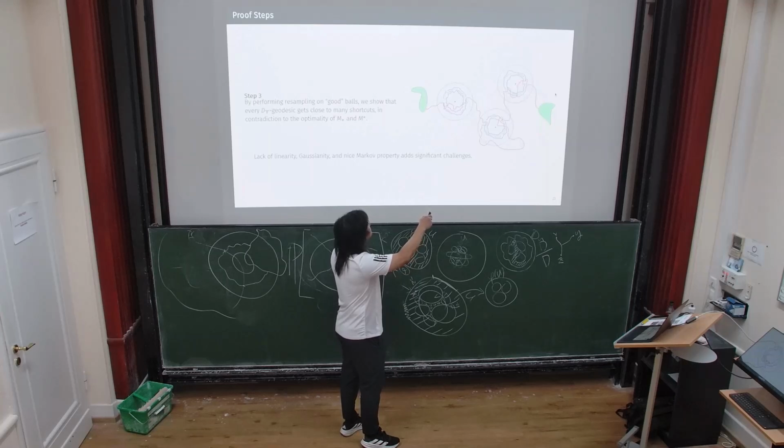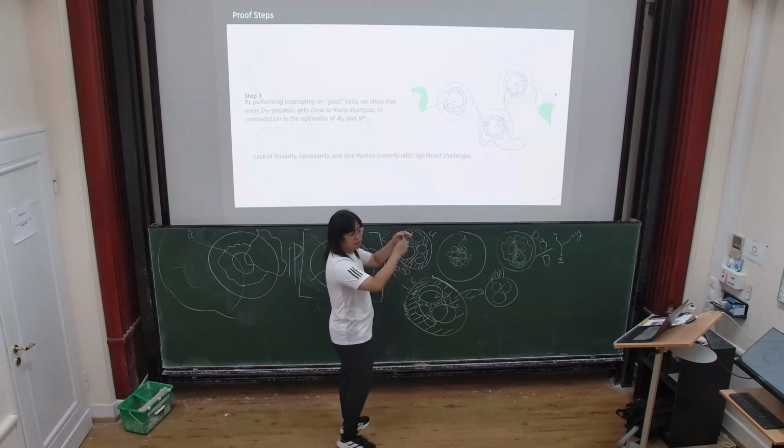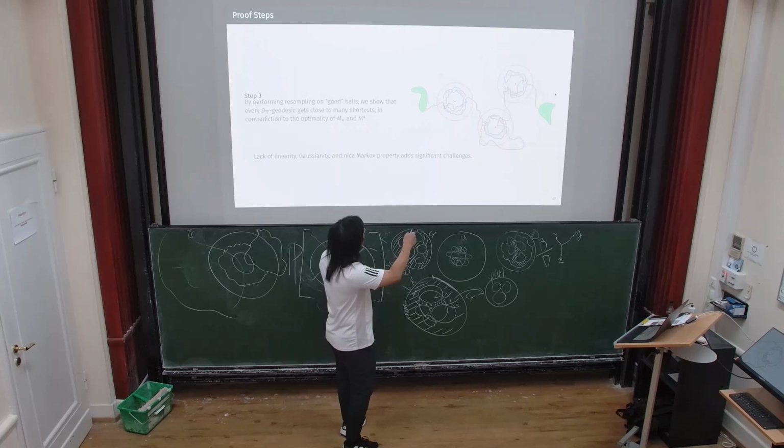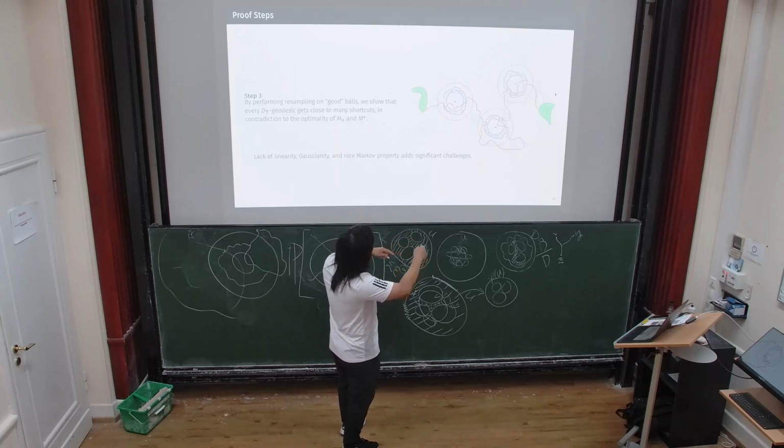These blue arcs are CLE loops. This is a CLE loop, and this arc is part of a CLE loop. The rest of it is not important, I didn't draw it. But these CLE loops form a tube, and if you want to go through this ball, you have to enter this tube.